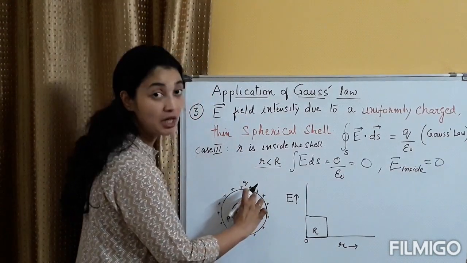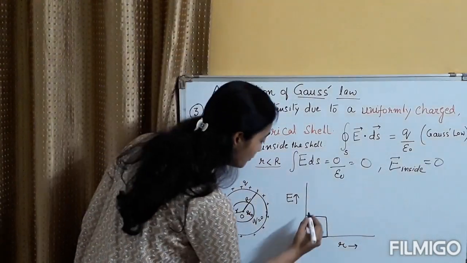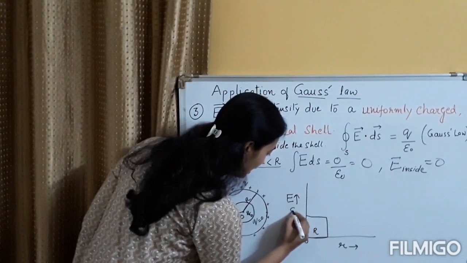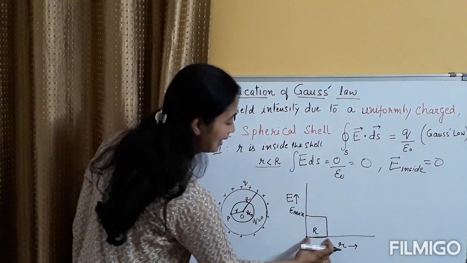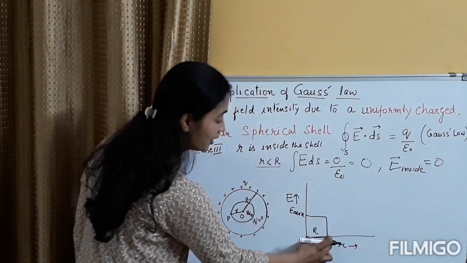The shell itself, the surface of the shell. There you have the charge, and there we have E max, the maximum value of electric field at a distance R, that is the radius of the shell.